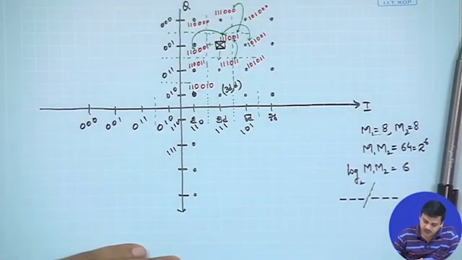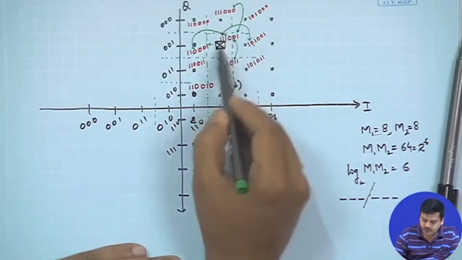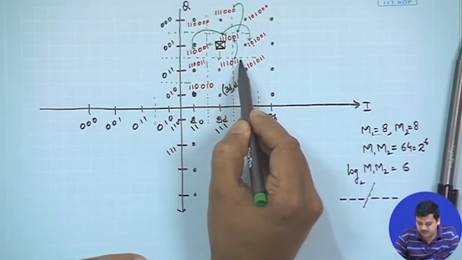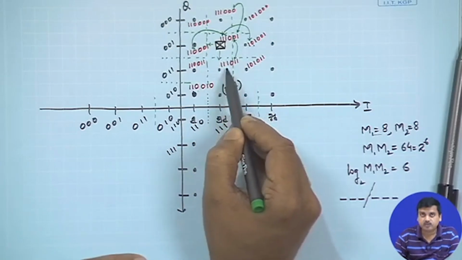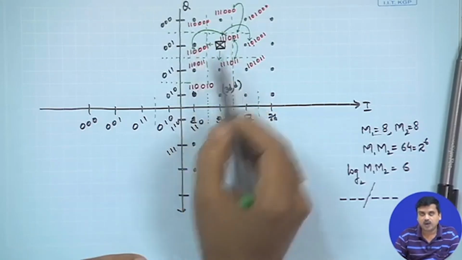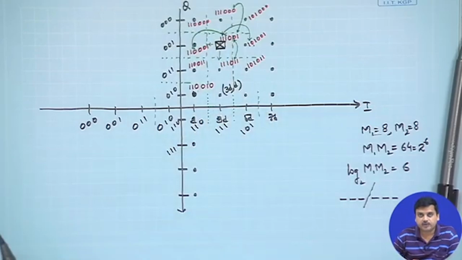And if you go down, then naturally it is differing in this particular bit, in the middle bit, right. So, that means if it moves to any of the neighboring symbols, although there are 6 bits involved, you are still making at most 1 bit error by virtue of gray coding, and we could achieve this simply by extending our understanding of gray coding, whatever we have done before, from PAM to the QAM.